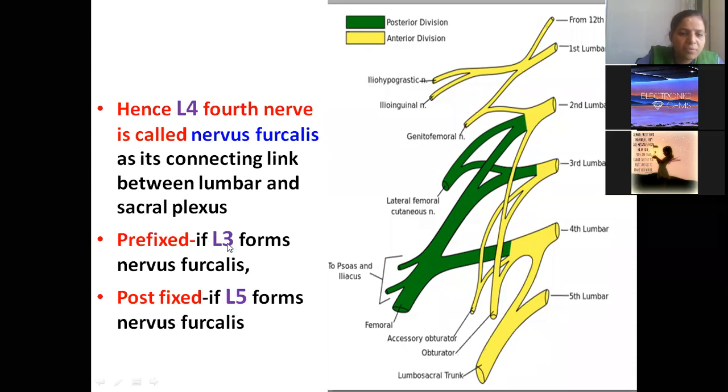Prefixed: if L3 forms nervus furcalis, that means the plexus has started with T12, L1, L2 and L3, and L3 is dividing as though it is L4. Postfixed means L5 acts as nervus furcalis: the plexus has started with L1 and L5 is dividing as though you are seeing with L4.